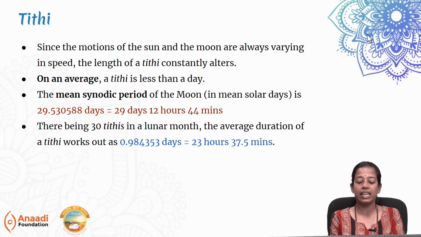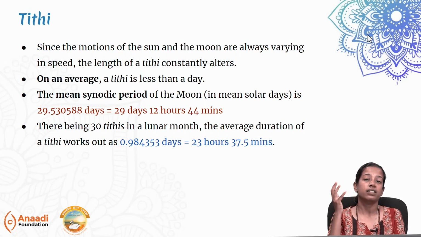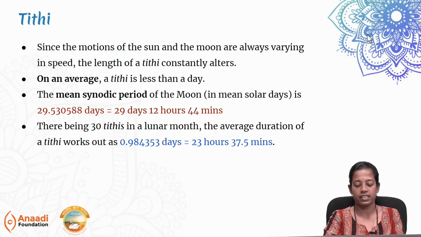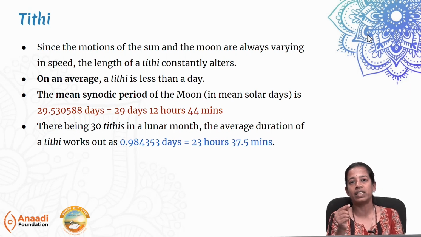irrespective of where the Moon is in the Bha Chakra or the ecliptic, we are able to see that it is 29.5 days. But whereas we have 30 Tithis. So, if you try to divide, definitely one Tithi measurement will be less than 1 day, no? It will be roughly about 0.98 of a day, which is definitely less than 1 day.